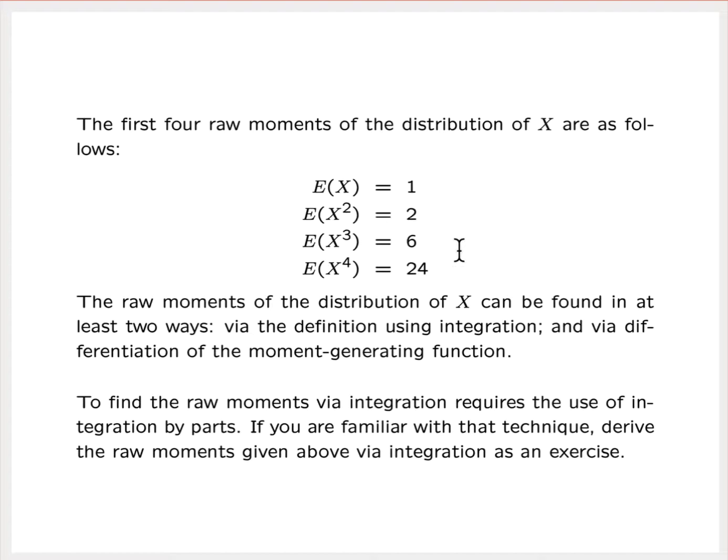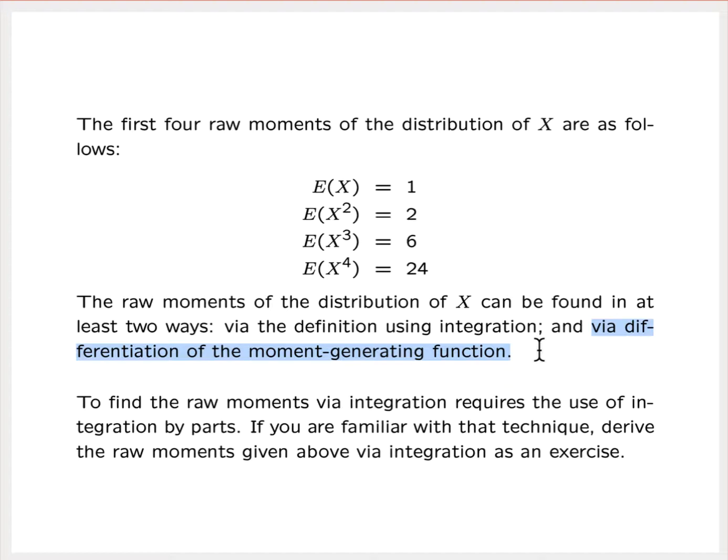Now, you can find these raw moments in several ways. We could find them via the definition of raw moments. And because this is a continuous random variable, we would need to use integration. We can also compute these raw moments using the moment generating function, which would require two things.